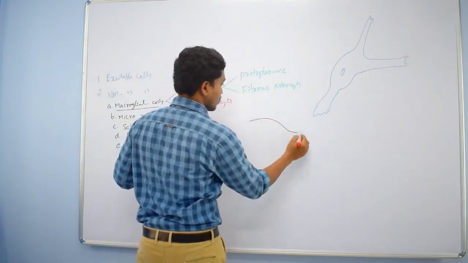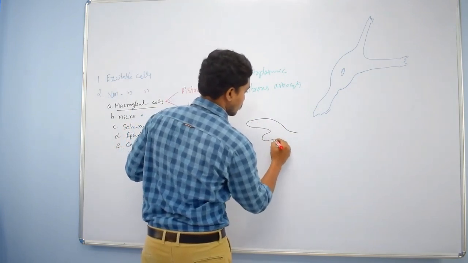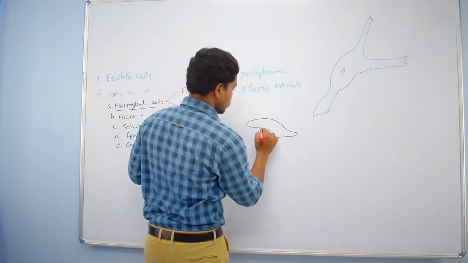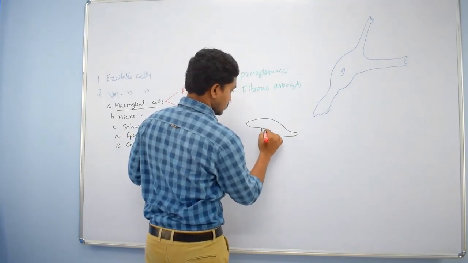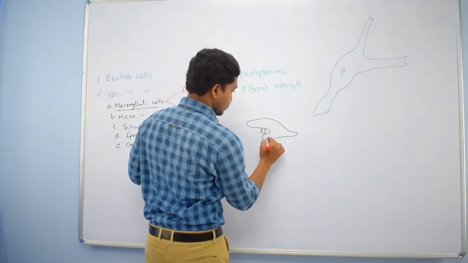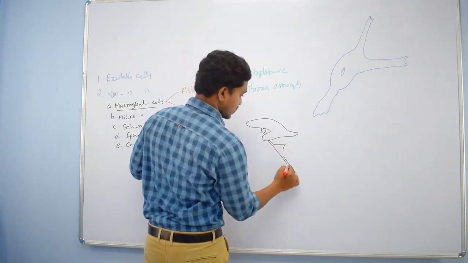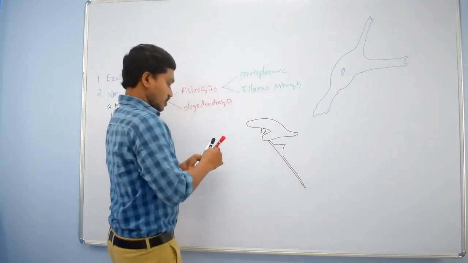If you take the ventricular system, it will be like this, and here this is the lateral ventricle, and here the third ventricle, this is the aqueduct of Sylvius, and this is the central canal of spinal cord. Clear?